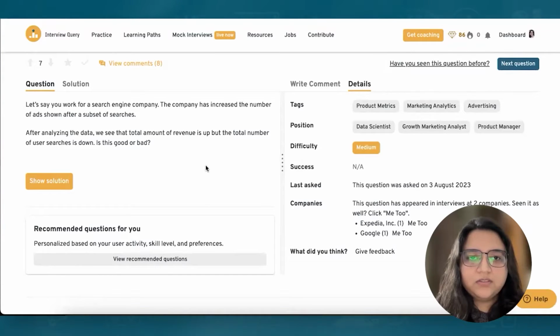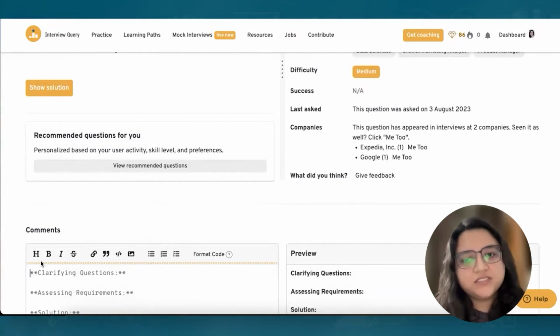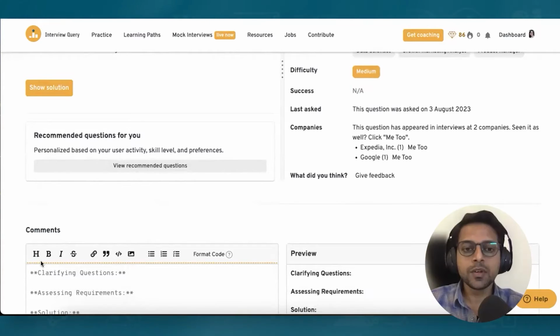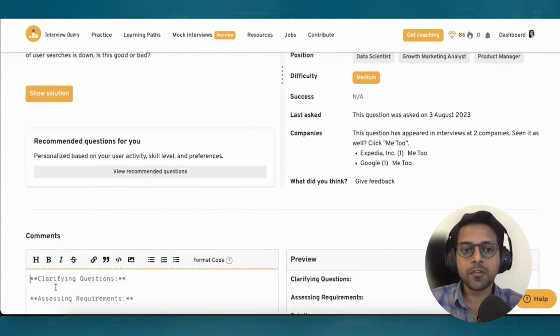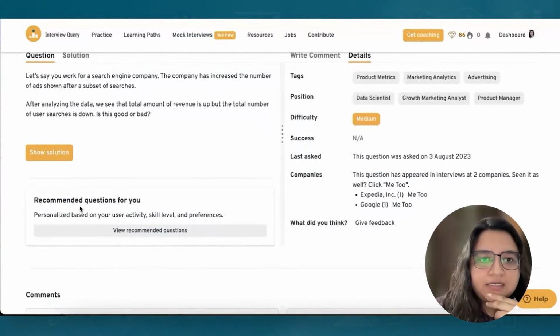So when we talk about revenue, what kind of revenue are we talking about? Are we just talking about the revenue we get from searches? Yeah, the revenue here is revenue that we're getting from the ads. So just from the ads.